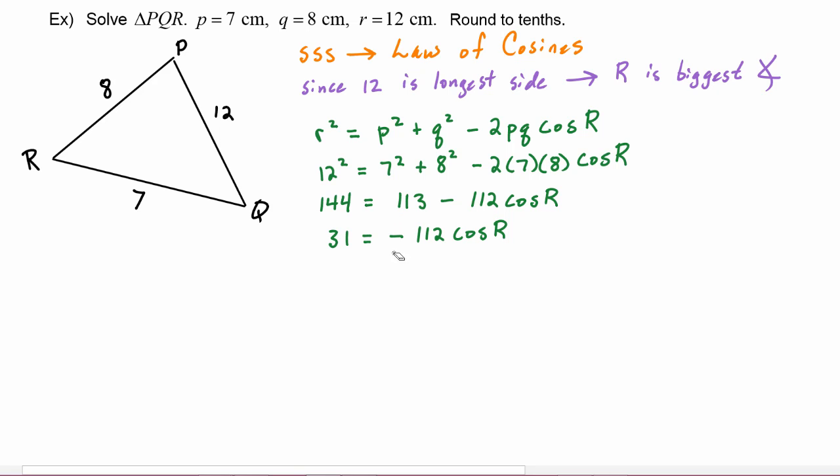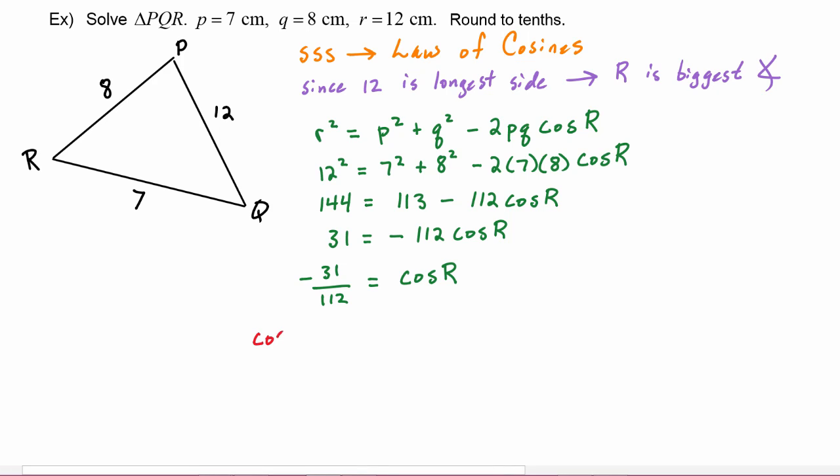Be very careful you don't lose track of that negative sign. It's an important piece. Next, we'll divide both sides by negative 112. So the left-hand side becomes negative 31 over 112 equals the right-hand side, which is cosine of r. We have to take the cosine inverse of both sides.